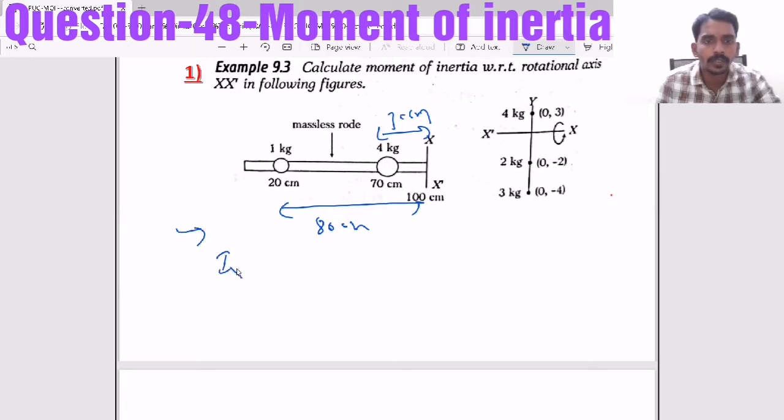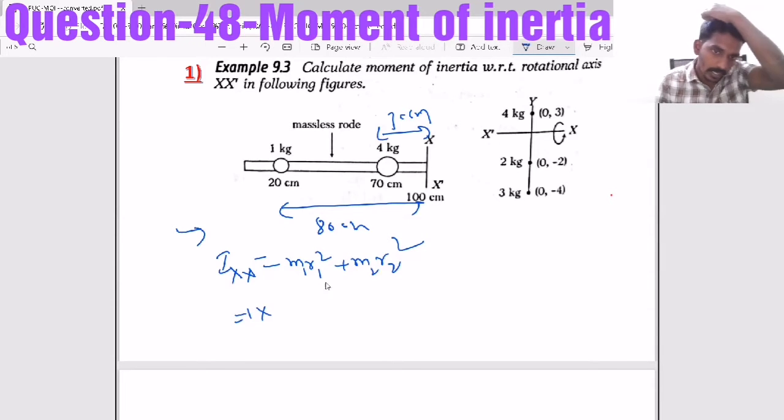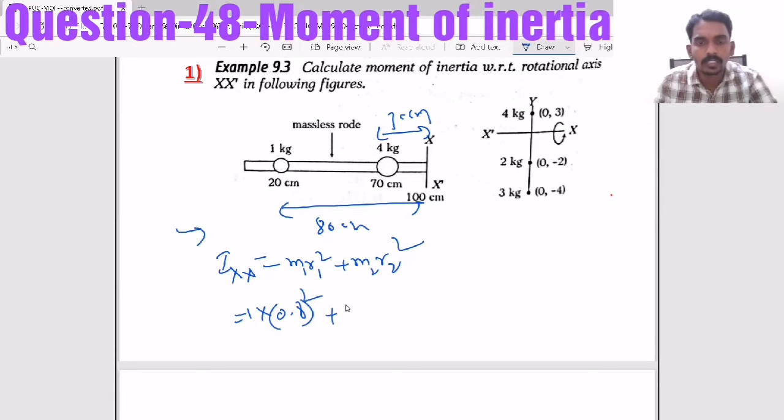Now the moment of inertia about xx dash will become m1 r1 square plus m2 r2 square, where m1 is 1 kg, r1 is 80 centimeter means 0.8 whole square, plus m2 is 4 kg, r2 is 30 centimeter means 0.3 whole square.